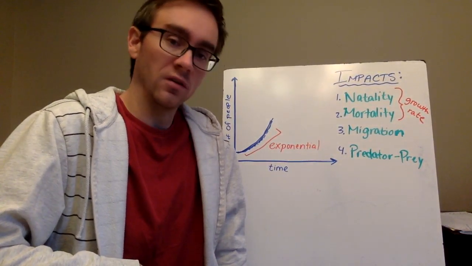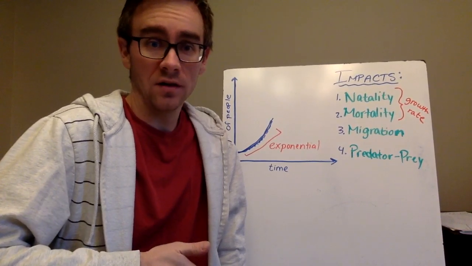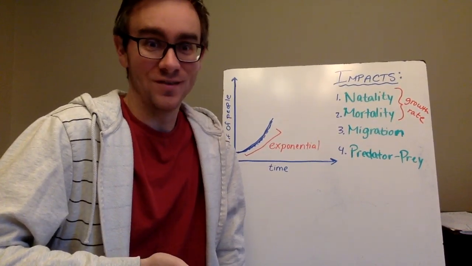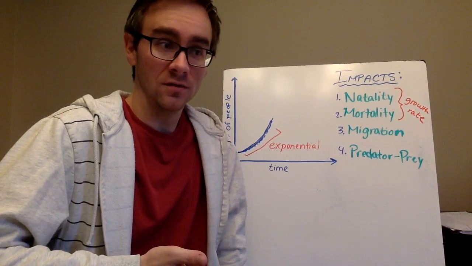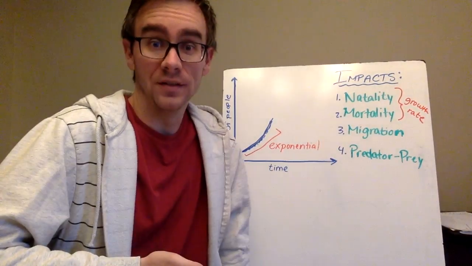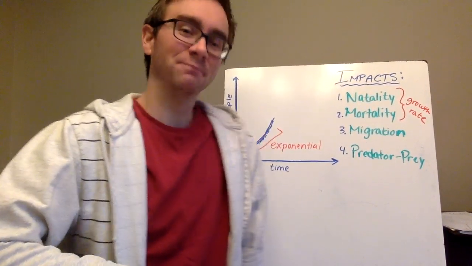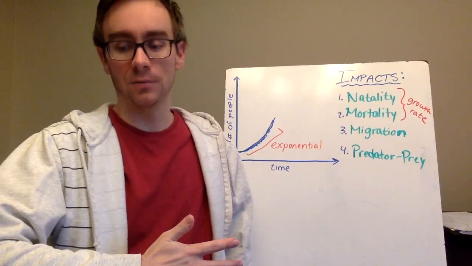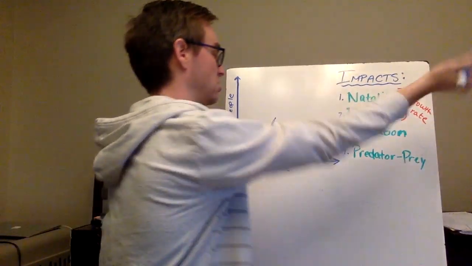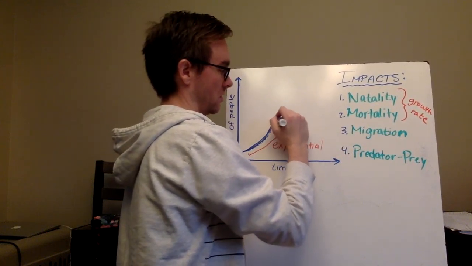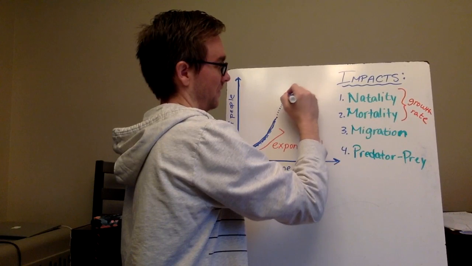If you're an organism who has a predator, the more of you there are, the more chances for you to get eaten. The more rabbits there are, the more likely wolves are going to be able to eat and do well. And so eventually you hit a cap on your population. You continue to grow and grow and grow, and then you hit a leveling off point.